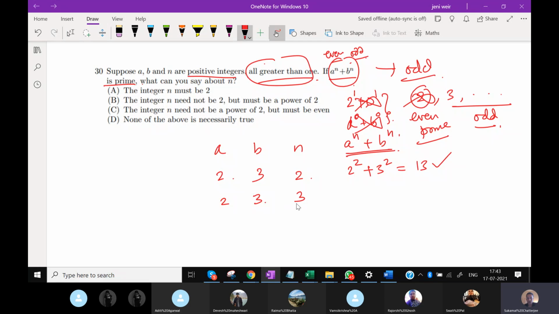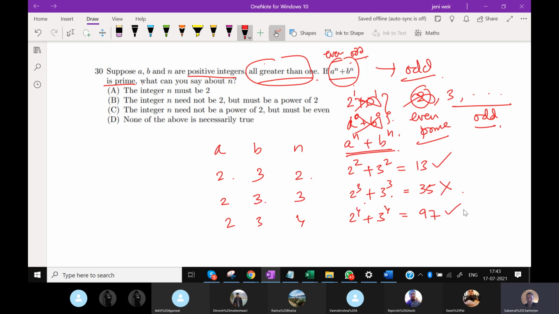Then this becomes 2 to the power 3 plus 3 to the power 3, which is 8 plus 27, which is 35, which is not a prime. Clear? Next, I take 2, 3, and 4. So 2 to the power 4 plus 3 to the power 4 would be 97, which is a prime.